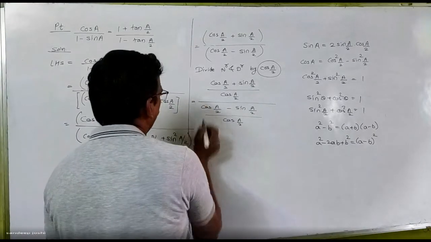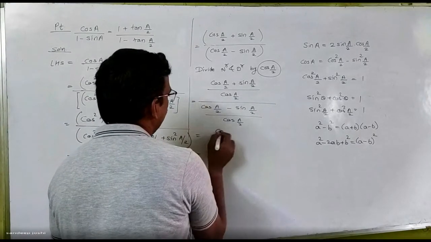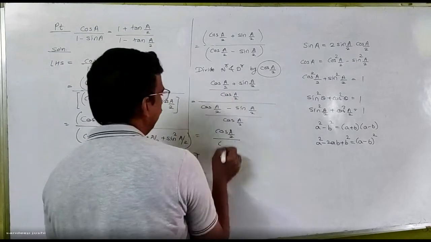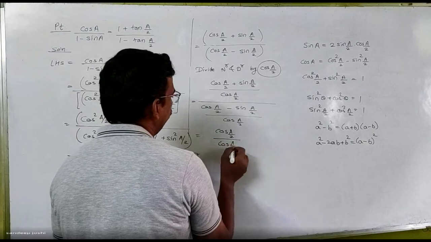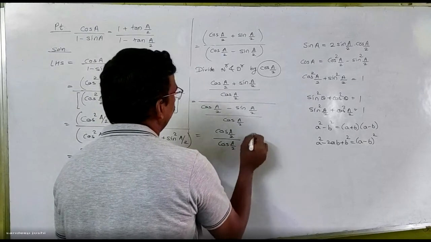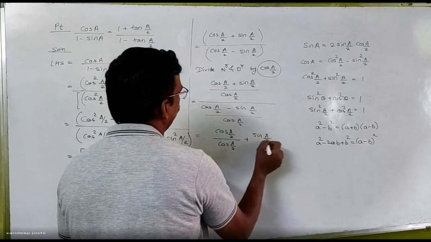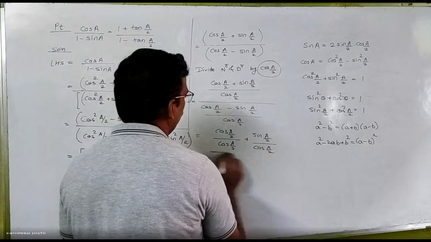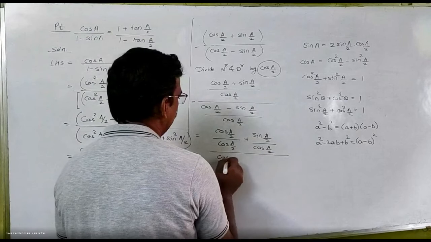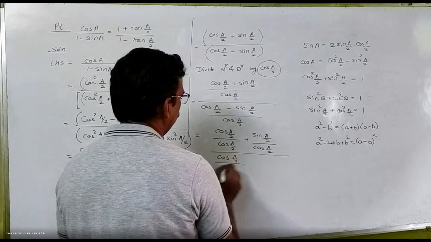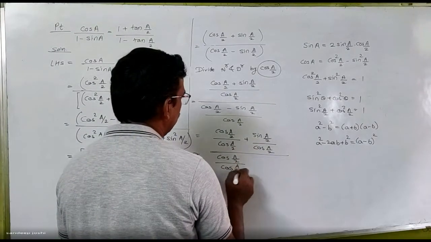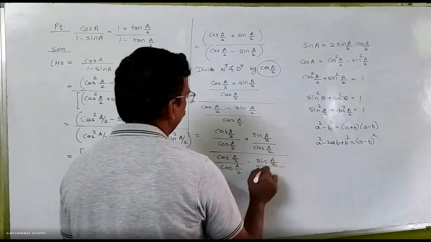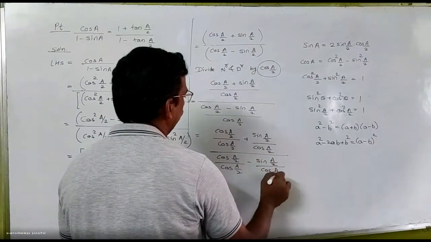So we can see the step: cos A by 2 split, cos A by 2 plus sin A by 2 upon cos A by 2, whole divided by cos A by 2 upon cos A by 2 minus sin A by 2 upon cos A by 2.